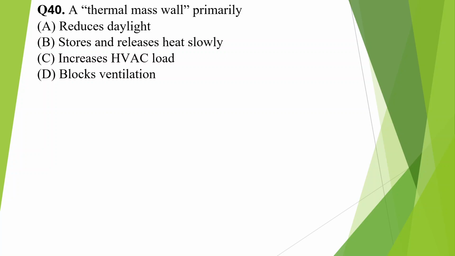You might have seen that in ancient times, people used to make very thick walls that may be considered thermal mass, and that was done in order to reduce daylight, or to increase HVAC load, or block ventilation, or to store the excess heat during the day and release it slowly. Which of the following options do you think is the correct one?